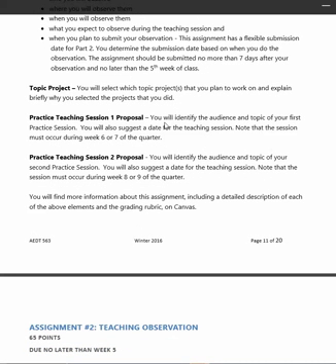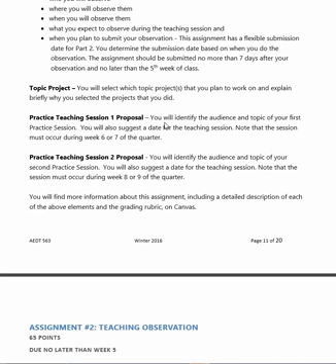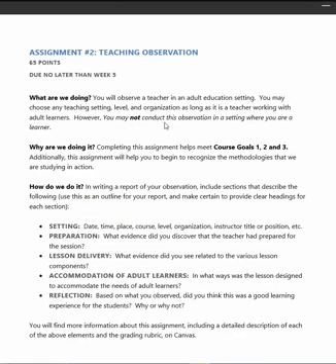I want you to tell me what settings you plan to do the practice teaching. Now, with all of these things, planning necessarily means things might change. So this is not written in stone. This is just you telling me what you think you would like to have happen. If it changes, that's okay. Just let me know.